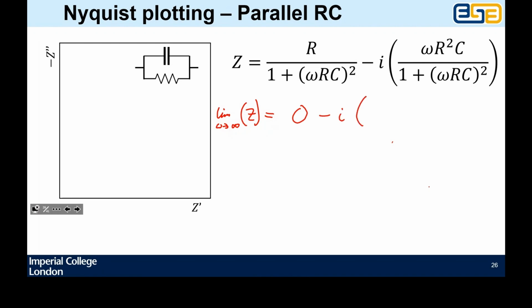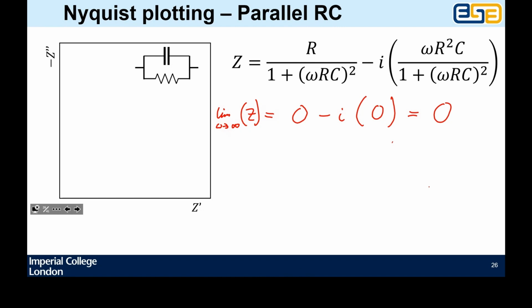Minus i times, very hand wavy here, an infinity divided by an infinity squared. As omega becomes very large, this fraction becomes omega R squared C divided by omega squared R squared C squared, so it's just a 1 over omega. As omega becomes very large, 1 over omega becomes very small, so it's also 0. This thing is just 0.